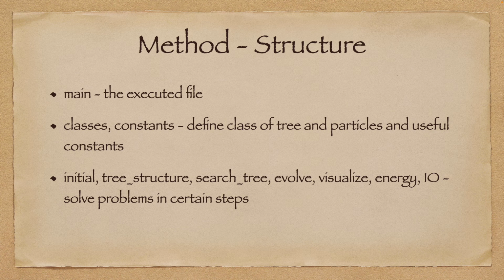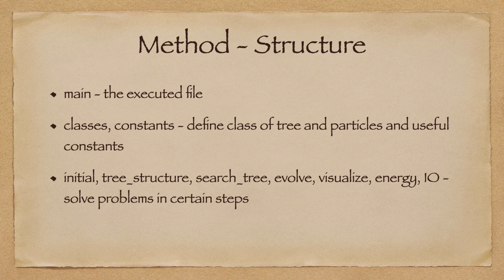And next is the structure of my code. The main code is the executive file, which will be executed by the terminal or a script. And next is the classes and constant files.